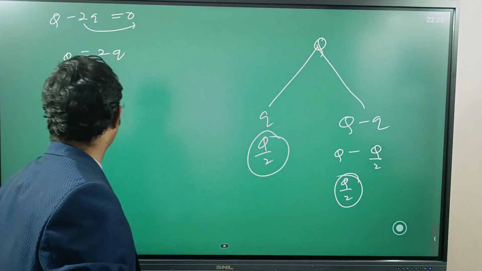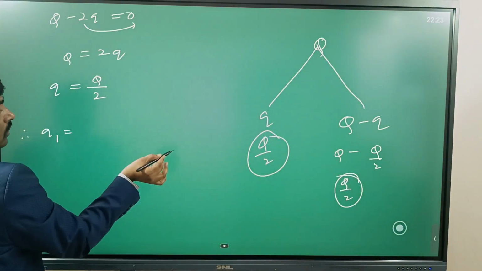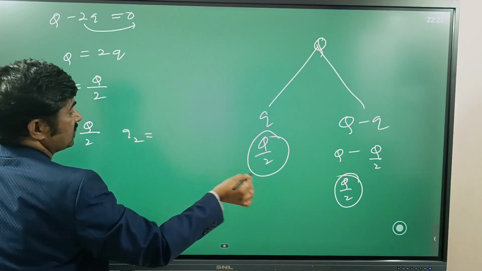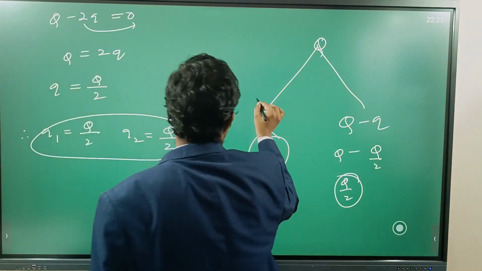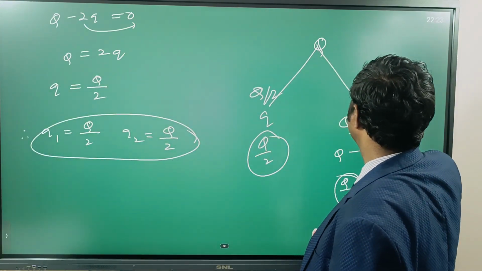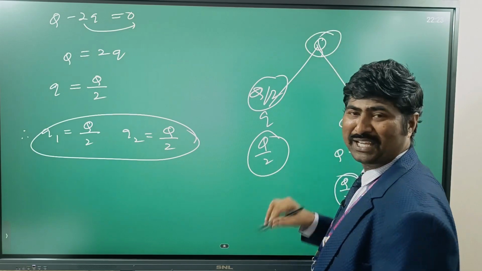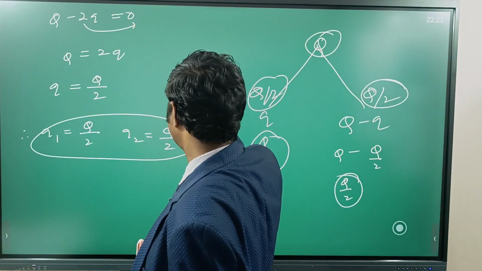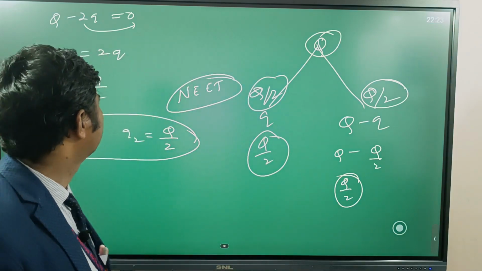So therefore, q1 is equal to Q by 2, and q2 is equal to Q by 2. Both are divided into equal parts. Are you clear? So this is a very important NEET question. So you practice it. Are you clear?